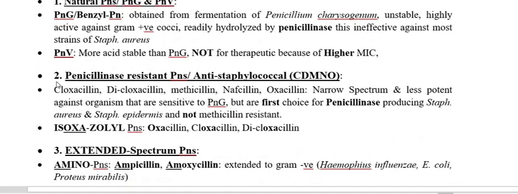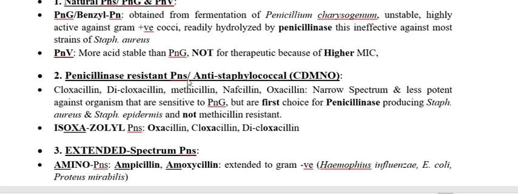Next, under the semi-synthetic penicillins, we have to discuss penicillinase resistant penicillin. What is the meaning of penicillinase resistant penicillin? Resistant bacteria produce the enzyme penicillinase to destroy the beta lactam.